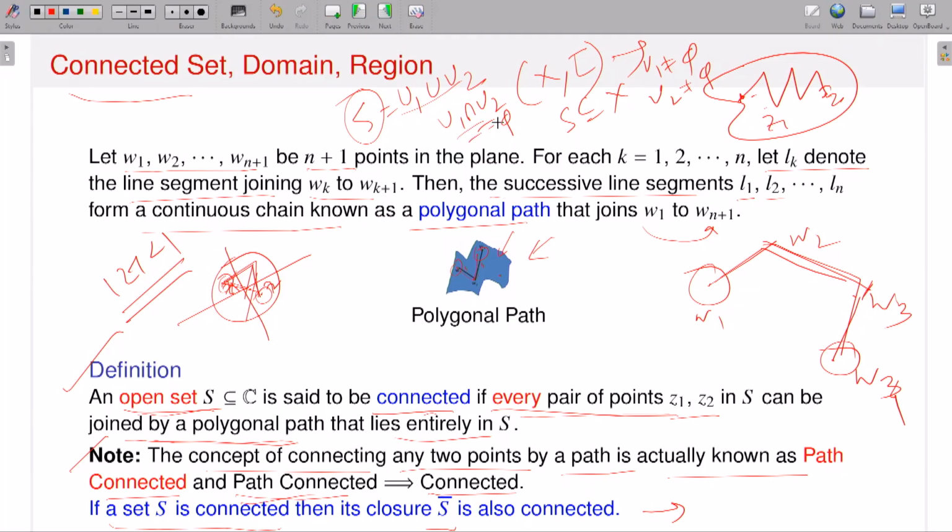If that is the case, then I will say my set S is connected. And if I can write that set as a union of two disjoint non-empty open sets, then my set S is called disconnected.